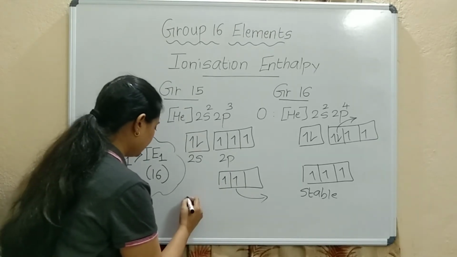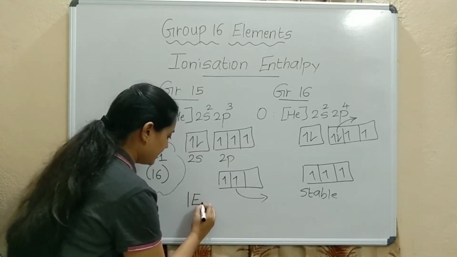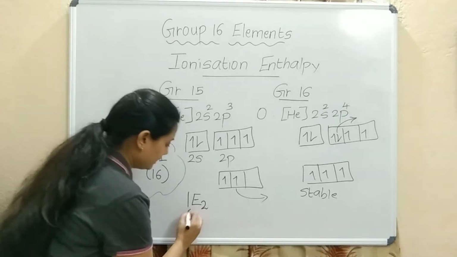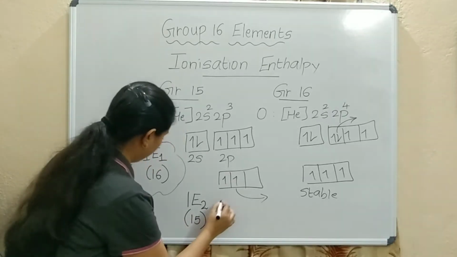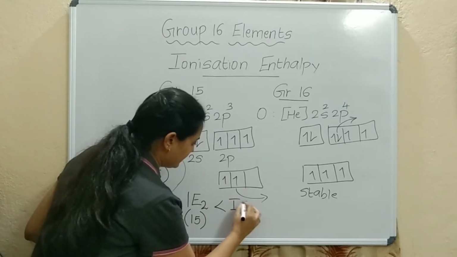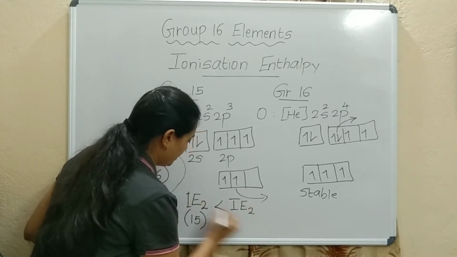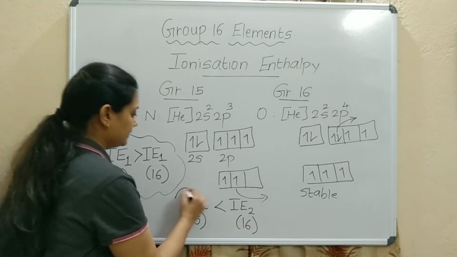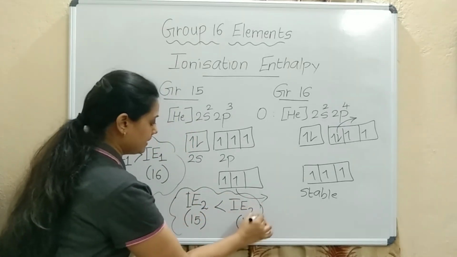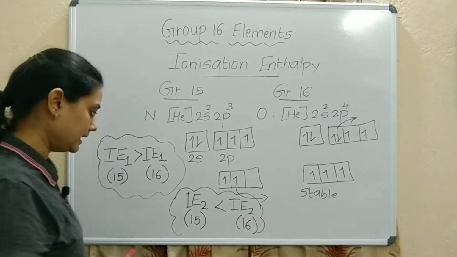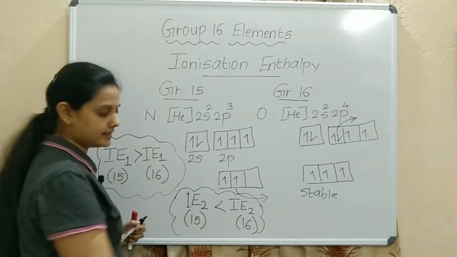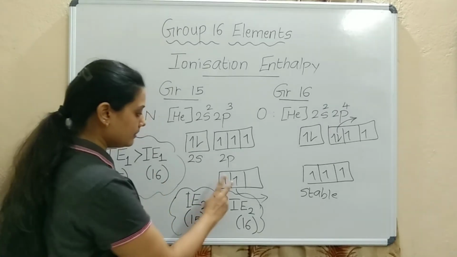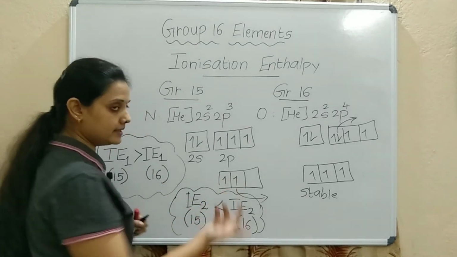So what I will write is the second ionization enthalpy of group 15 is less than the second ionization enthalpy of group 16 because of the stable configurations. Correct? For the 15th group, less energy is required while removing the second electron because the p orbital is unstable.